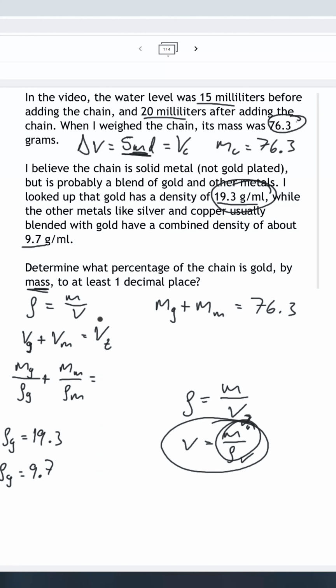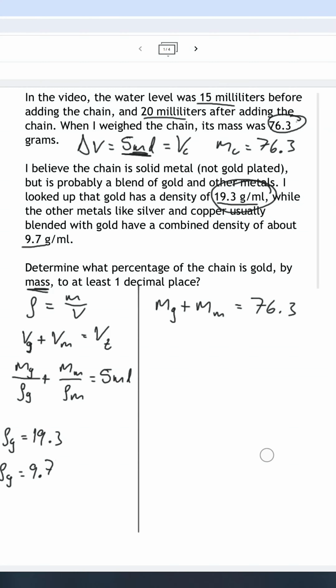And this is going to equal the total volume, right? But we already know the total volume because we knew that it was 5 milliliters. So we're going to change everything on the other side, right? And let's erase these things. All right, there we go.